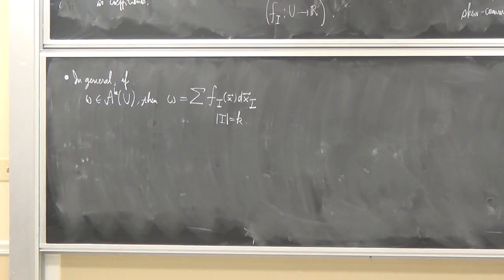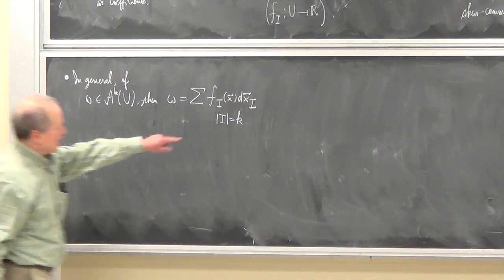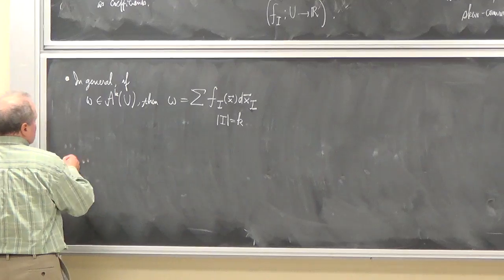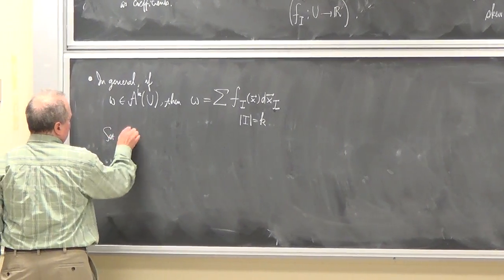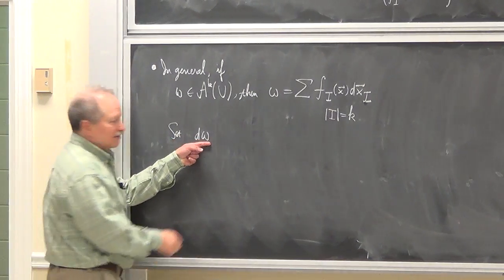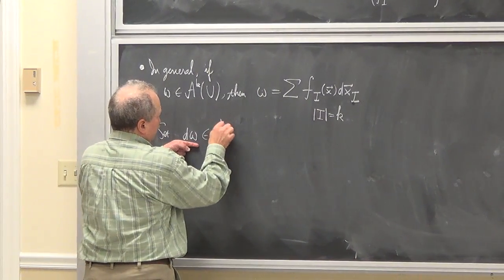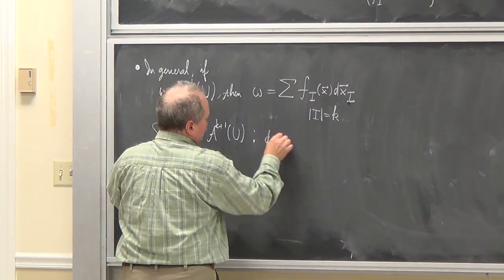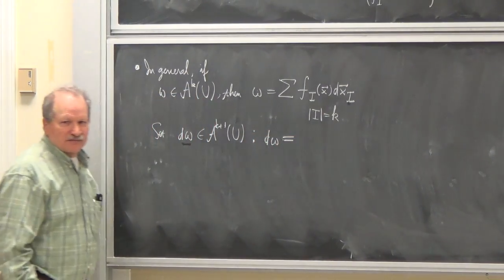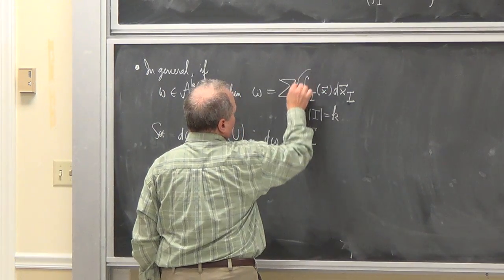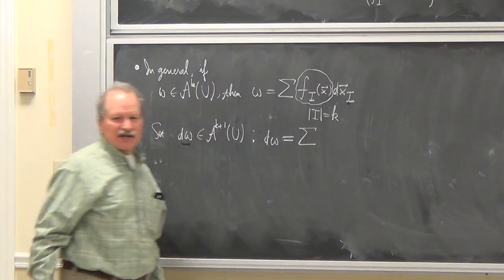It's a multi dx with k subscripts here. And the rule is, I'm now going to define a k plus 1 form by taking the following formula. Very simple. Take these coefficient functions. Take d of them.